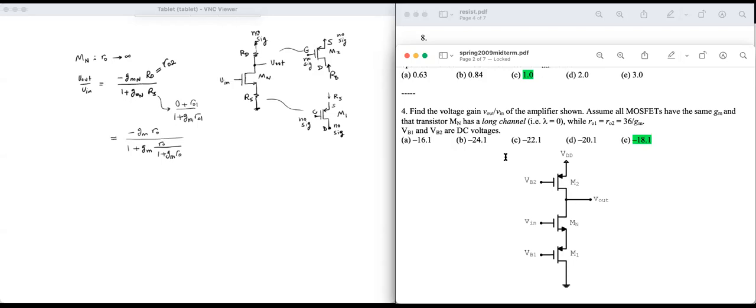We're given that the product GM RO is 36. So this is minus 36 over 1 plus 36 divided by 1 plus 36, and that's minus 36 over 1 plus 36 over 37. So almost 2 there, and we get minus 18.2 volt per volt. That's the voltage gain for this amplifier.